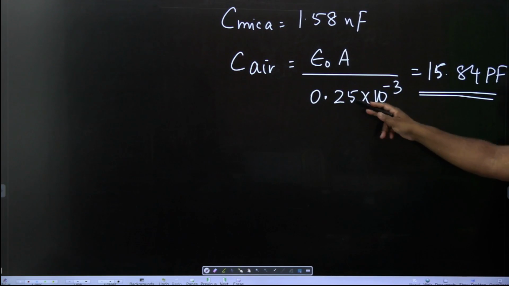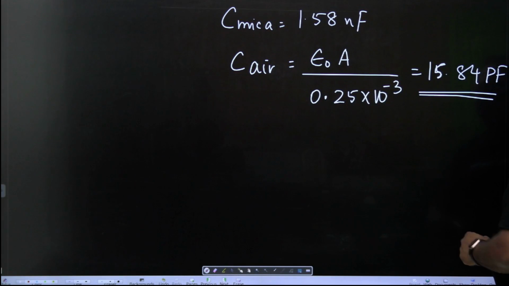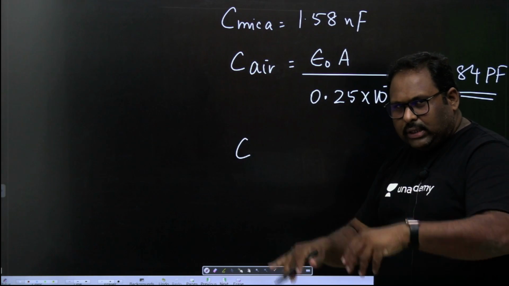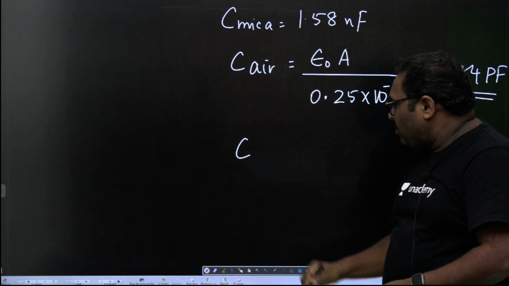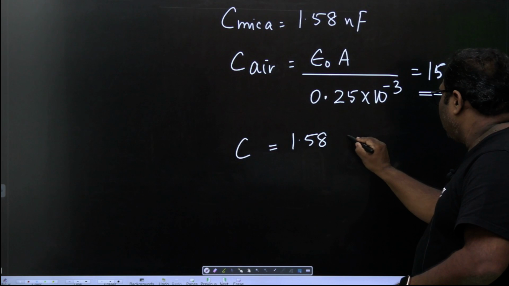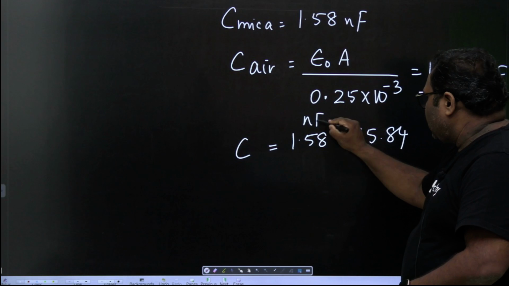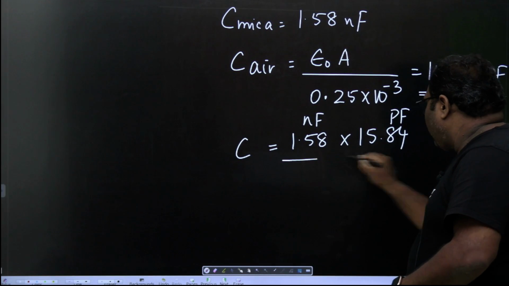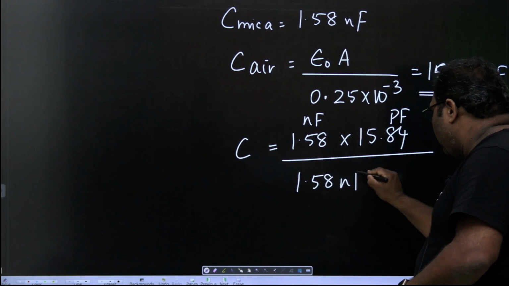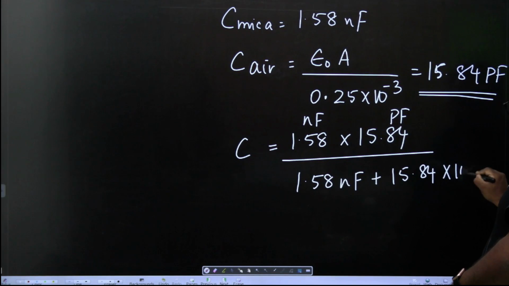So when it was 0.28 here, I got it 14 point something. Now it is 15.84. So the C overall, when you look at the C again after the displacement, will be 1.58 into 15.84, this is in nano, this is in pico, by 1.58 nano plus 15.84 pico.